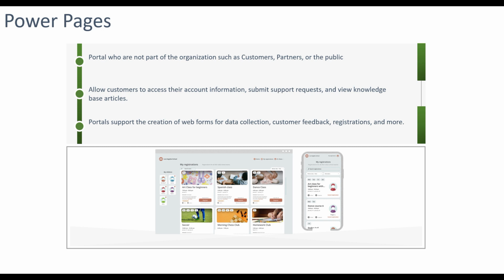Power Pages can be applicable for vendors also. For example, with vendor management, you can streamline the integration with suppliers and vendors, including purchase orders, invoice submissions, and many other things.